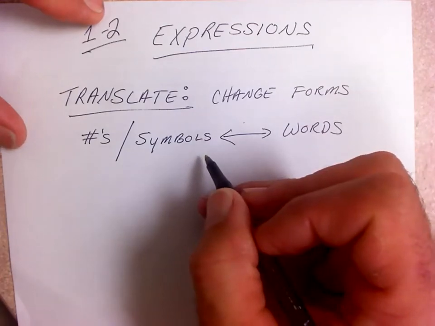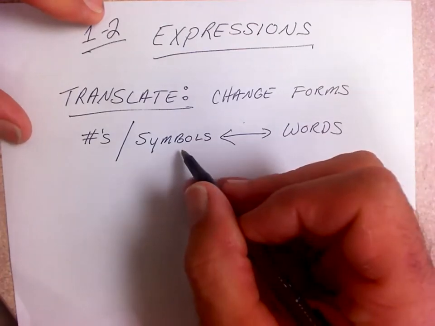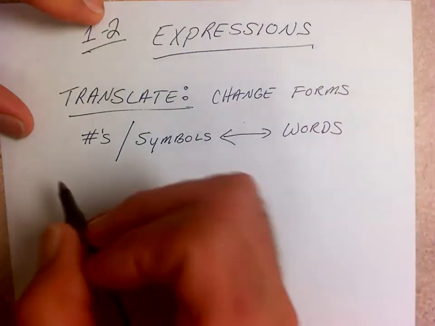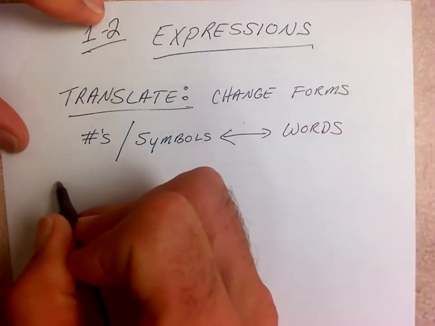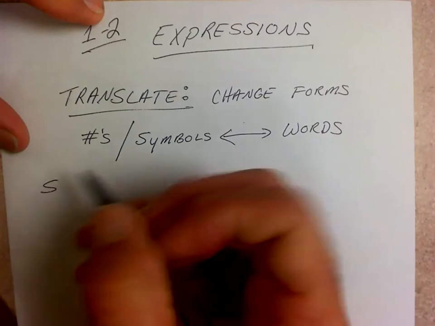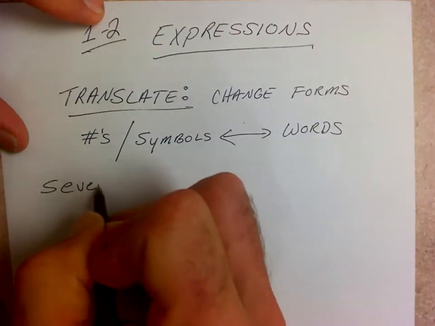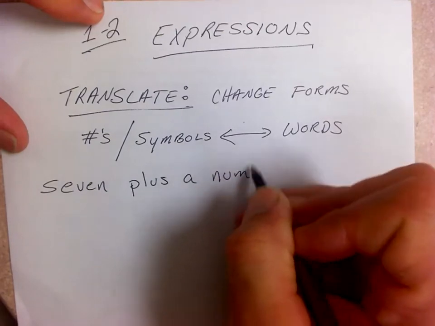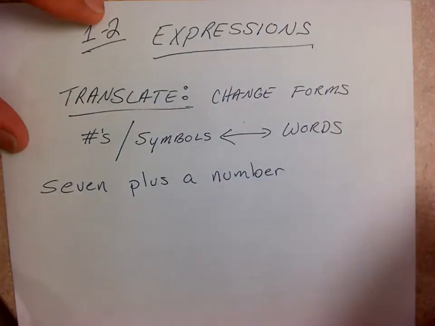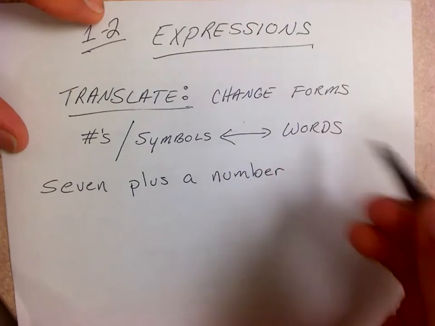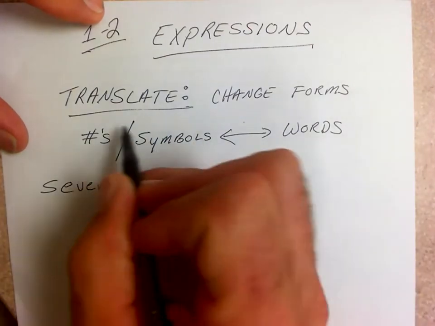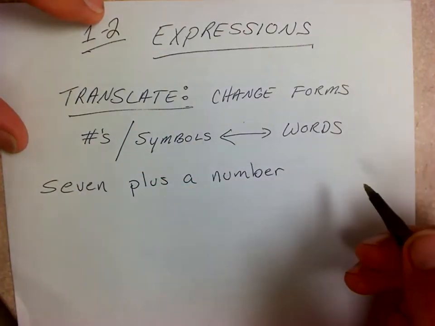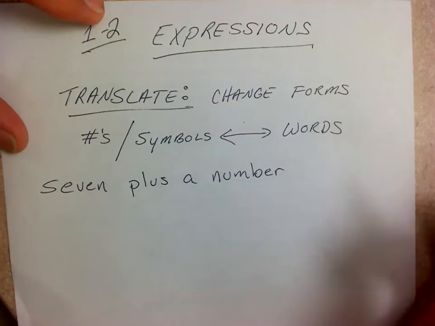So if we're given a problem in numbers or symbols form, or we'll give it to you in words, 7 plus a number. All right, if we're given a form in words, we need to be able to show what that looks like in numbers and symbols. All right, so this one's a pretty simple translation.